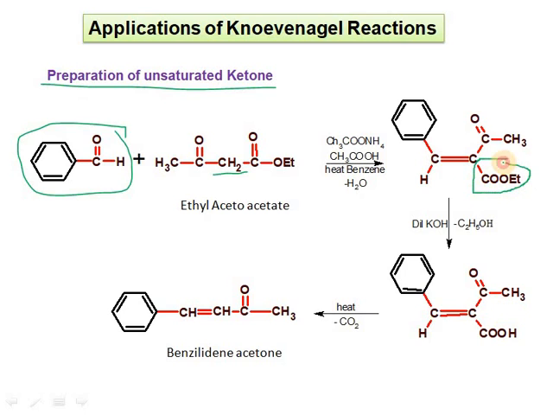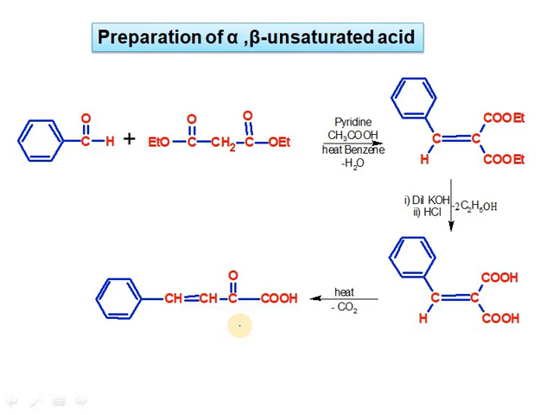This ester is converted to acid, and then on heating there is loss of this CO2, and we get benzylidene acetone having the carbon-carbon double bond. The preparation of unsaturated ketone can take place by Knoevenagel condensation.